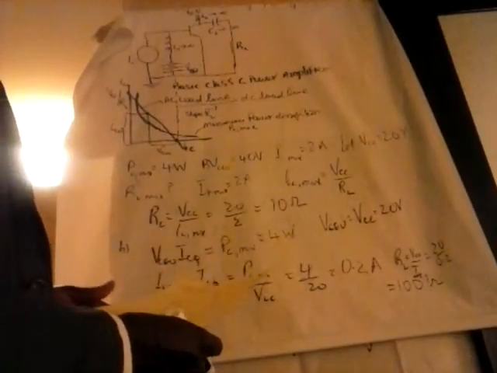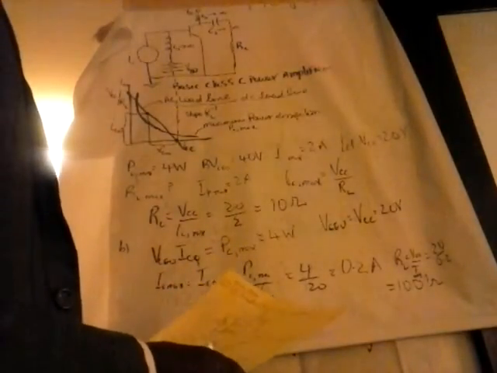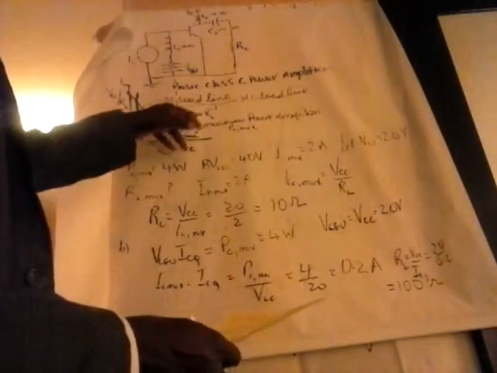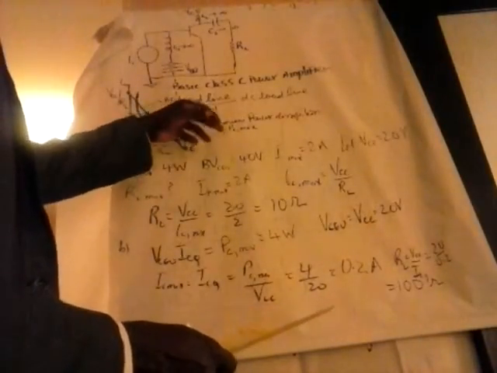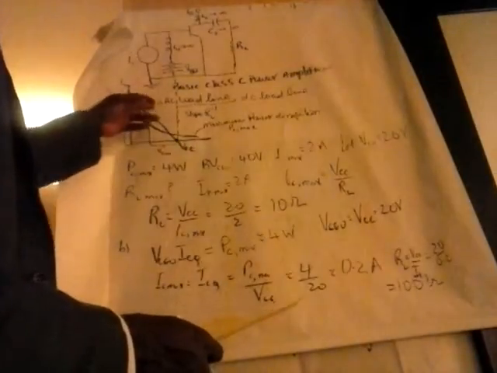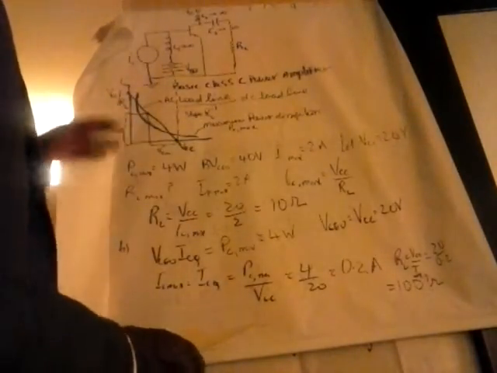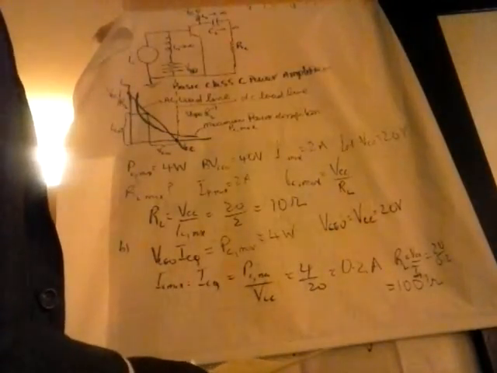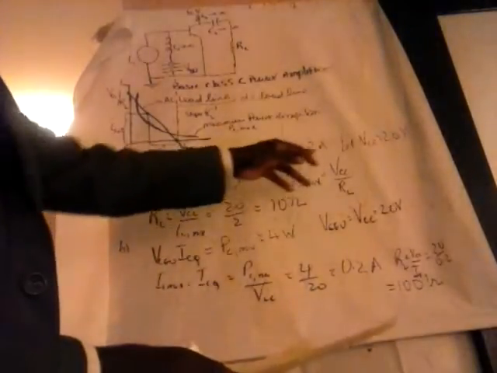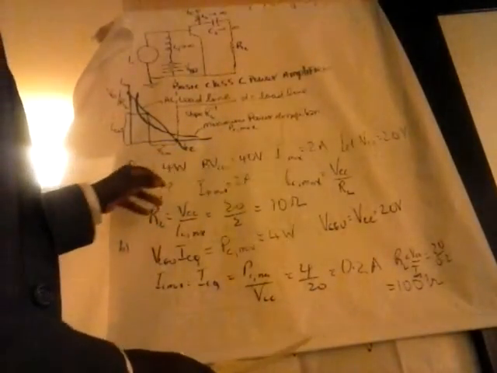We did a design and made a calculation of power, load resistance, IC max, and ICQ, and we looked at the AC and the DC load line, the slope of RL to the minus 1, which is equal to 1 over RL, the maximum ICM, which is VCC over RL, and so on. IC max equals 2 amps, given that BVCEO equals 40 volts and PC max equals 4 watts. So we next look at the Class B.